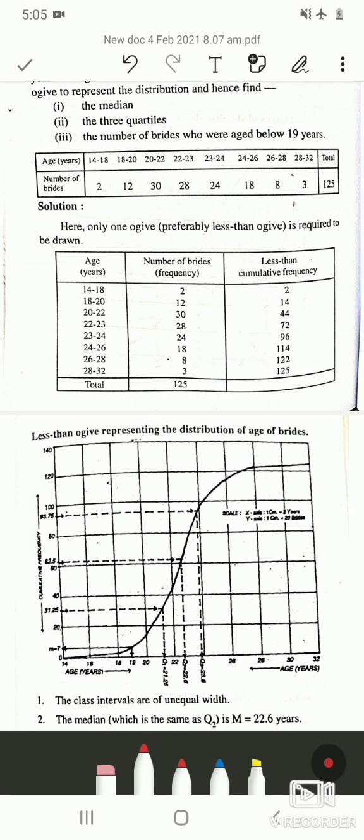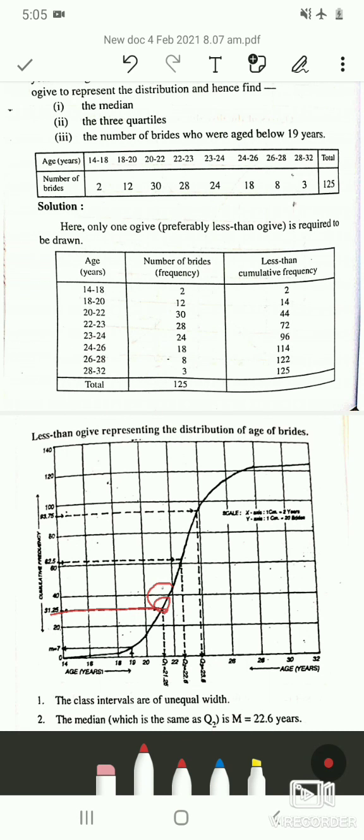This is the same formula we used to find Q1 for the continuous case, to get the first quartile class. The same formula applies here. That value you check on the y-axis. Then draw a straight dotted line till it touches the curve.